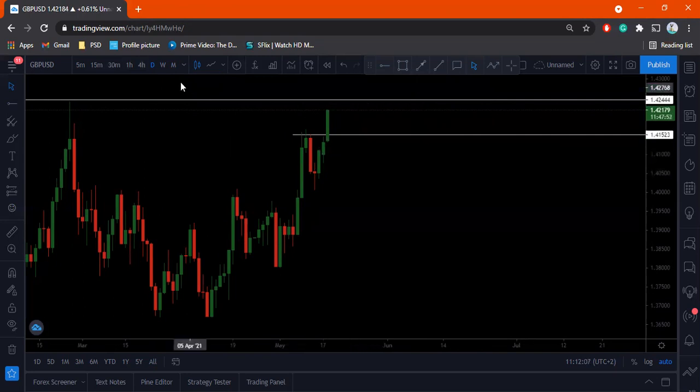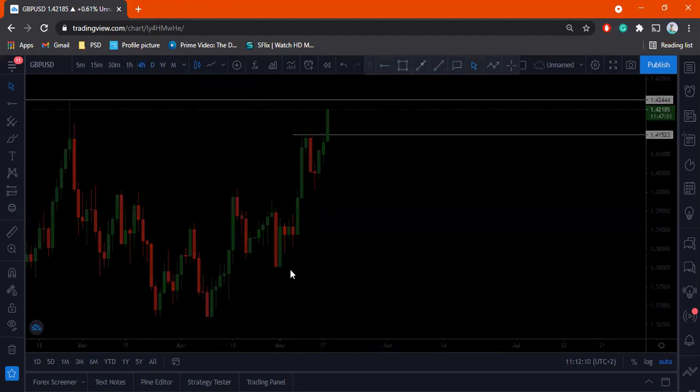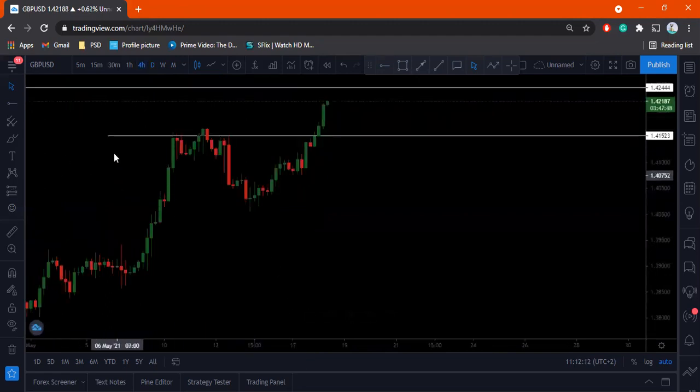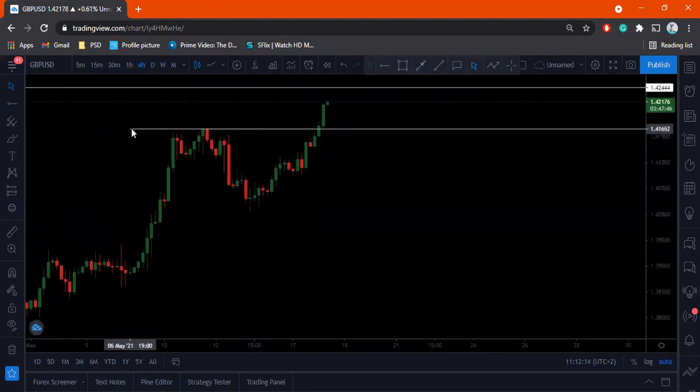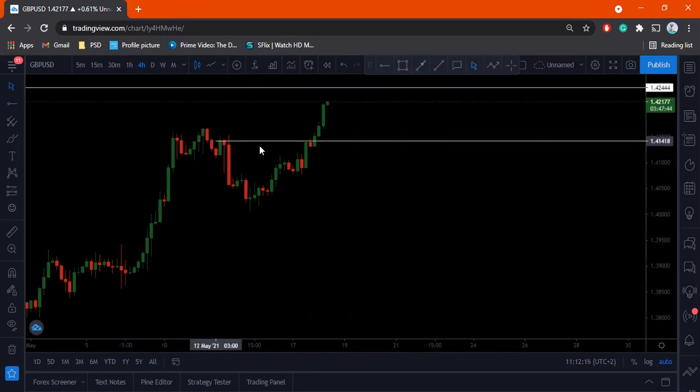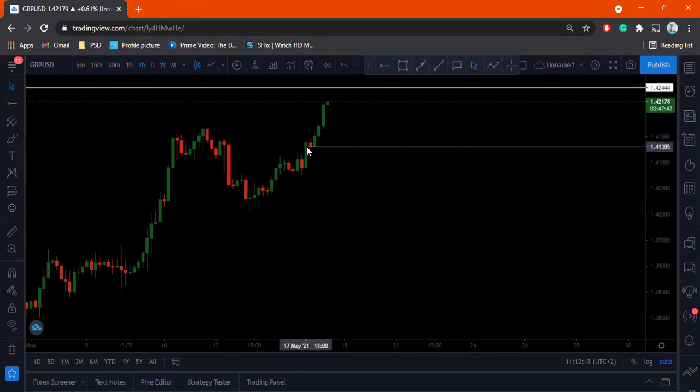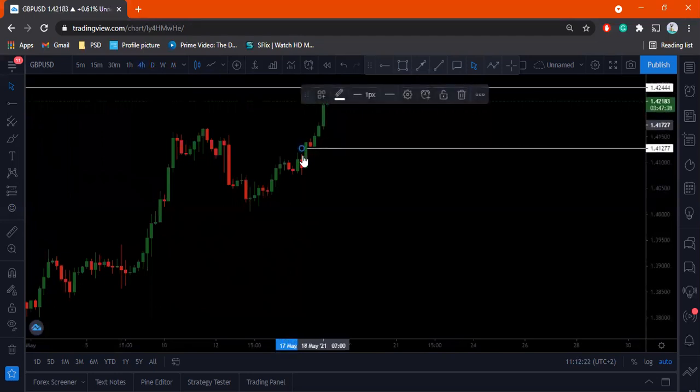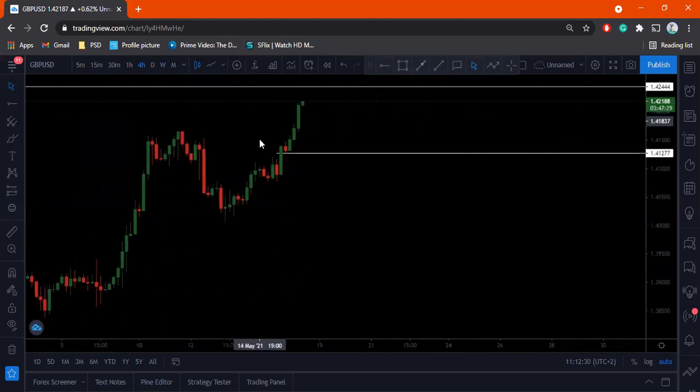But for it to retest that area, we need to see some structure being formed on the lower time frames. Before price did this whole move, it created a low right here, which is at our resistance that it needs to retest. You can see it didn't retest, it just kept going up.